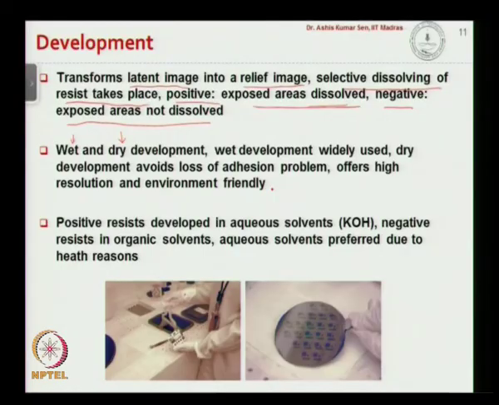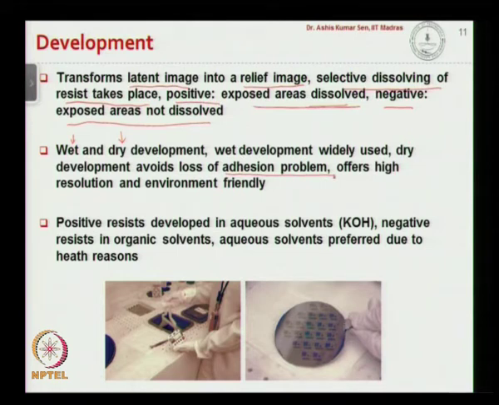So there may be a chance of under etching. There could also be a chance where the photoresist may be a little bit over developed, so the entire photoresist layer will fall off. These problems are not there in case of dry etching. So in dry etching the loss of adhesion problem is not there. However, the dry etching process is quite expensive, it requires a more expensive setup.